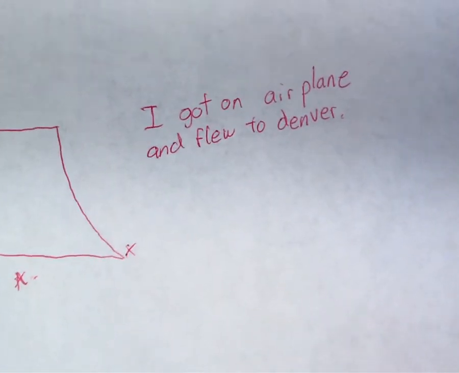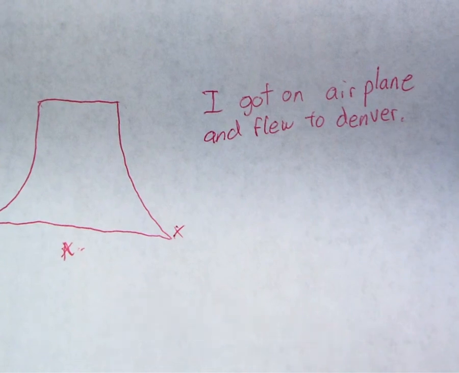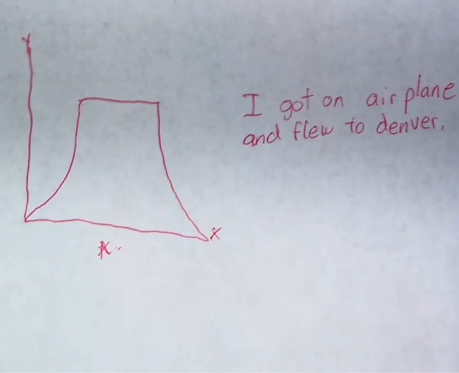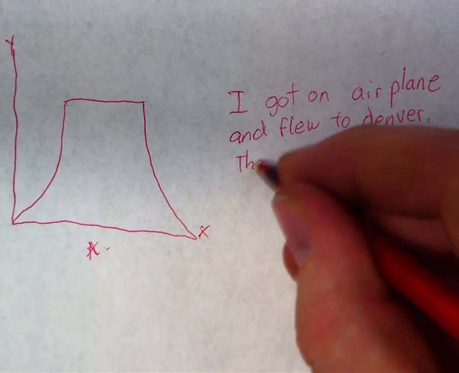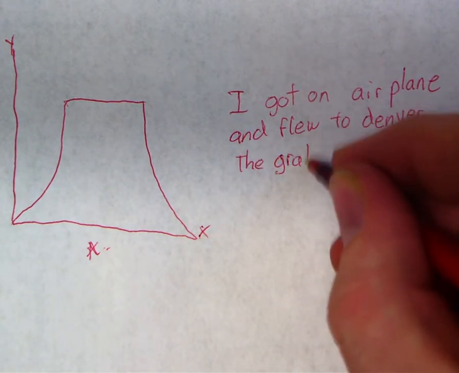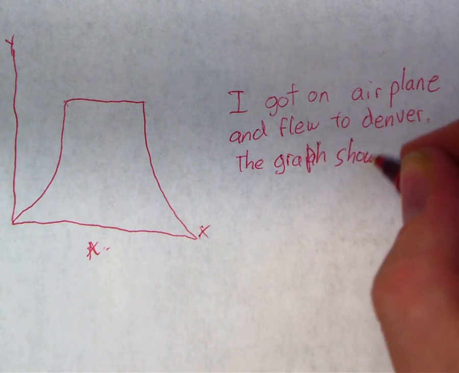I'd end up flying to Denver, then have to hop over to Wyoming to go visit with family that I had out that way. So I got on a plane, flew to Denver. And this graph is going to show my height over time. So the graph shows my height over time.